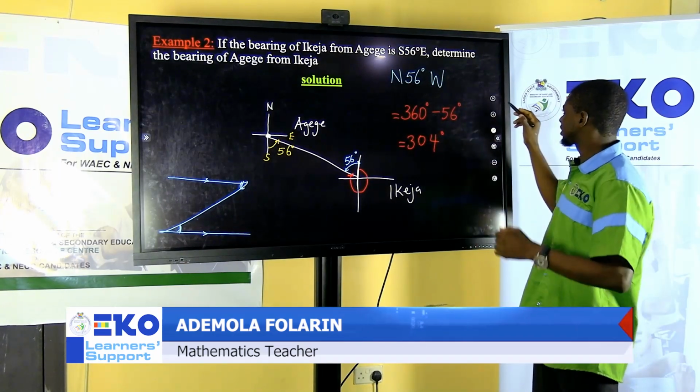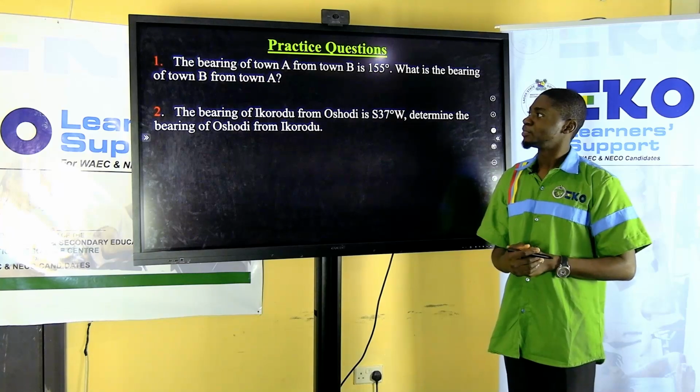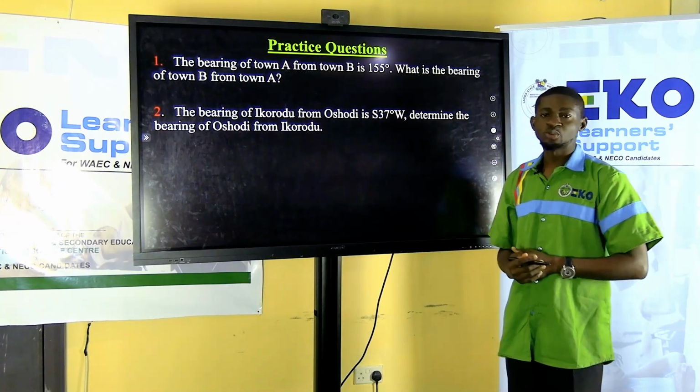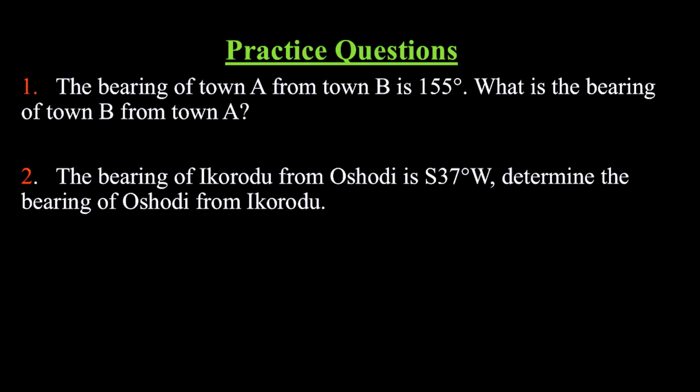Interesting. So let's try out something on our own now. Given this question to practice: the bearing of town A from town B is 155 degrees. What is the bearing of town B from town A? And also, we have this. So I'll give you 2 minutes. You can pause, practice.